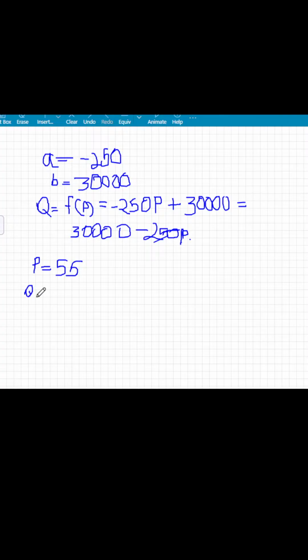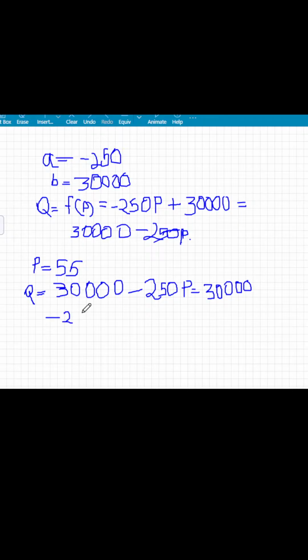Now Q will be 30,000 minus 250 into P, which is 30,000 minus 250 multiplied by 55, which is 30,000 minus 250 into 55.